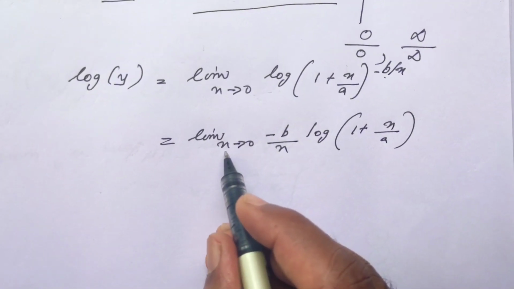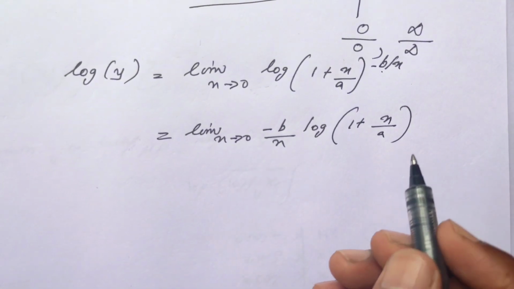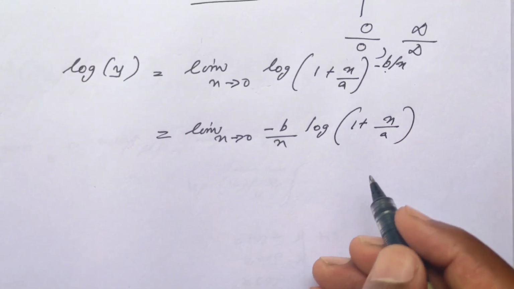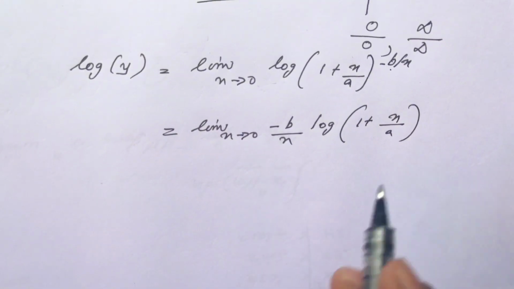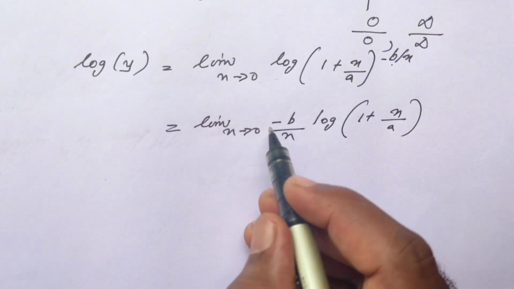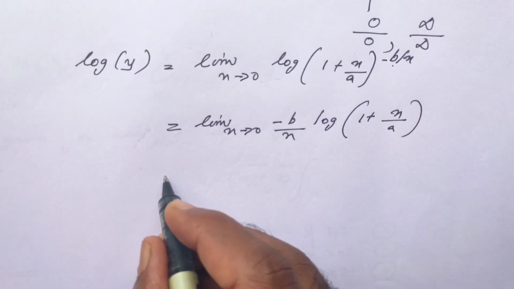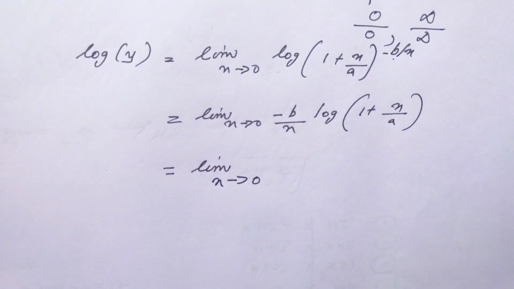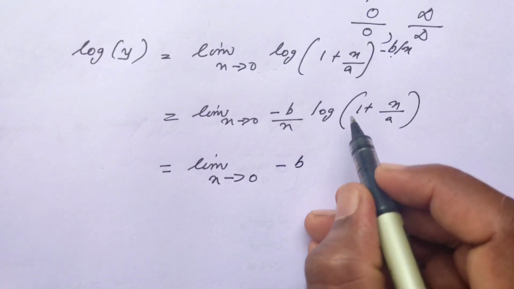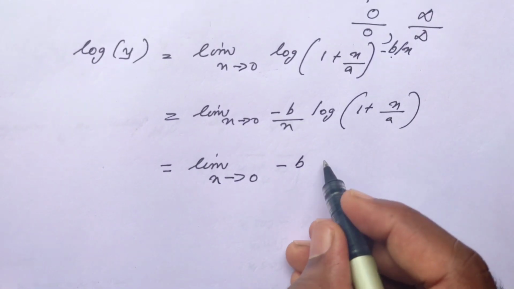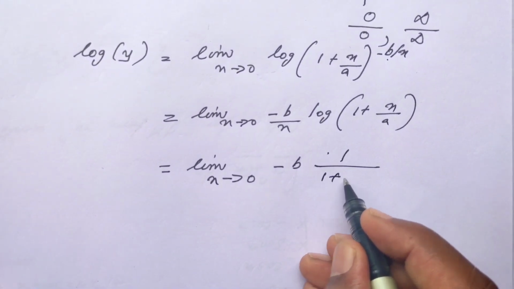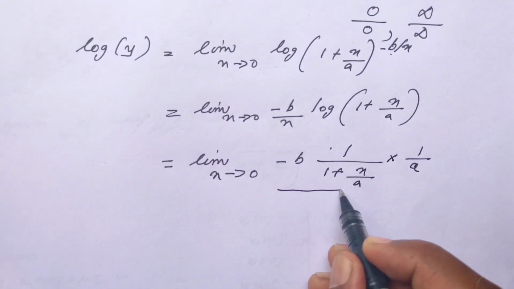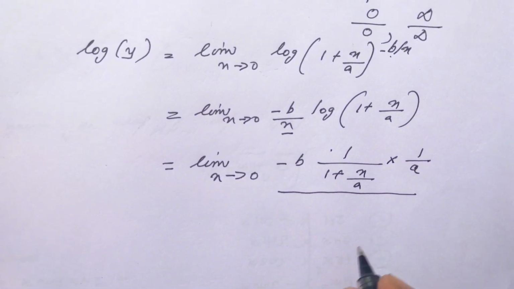Now we are applying the limiting value directly here. It is in the form 0 divided by 0, an indeterminate form, so the final answer can be calculated by using L'Hospital rule, that is, the final answer will become limit x tends to 0, minus b into the derivative of log of (1 plus x by a), that is 1 divided by (1 plus x divided by a) into 1 by a, divided by the derivative of the denominator function x, that is 1.